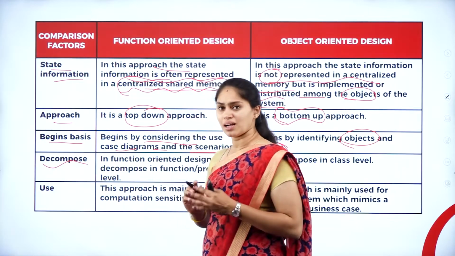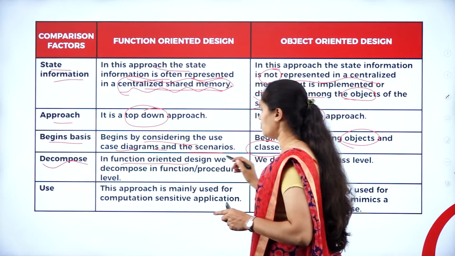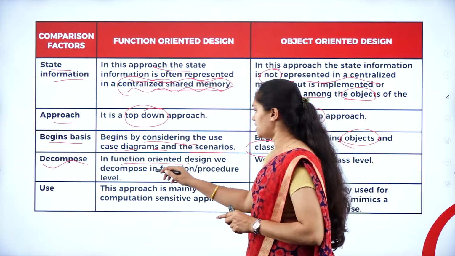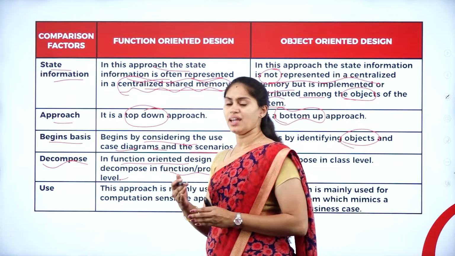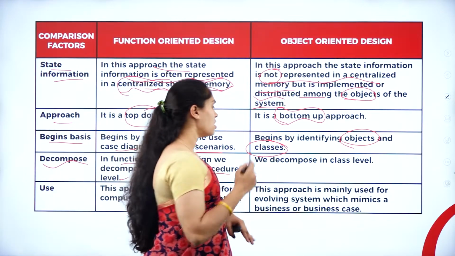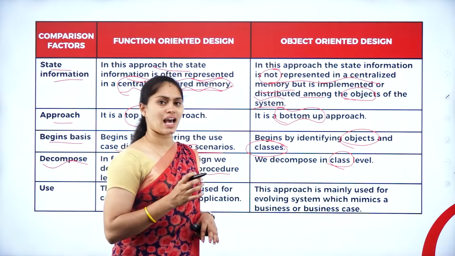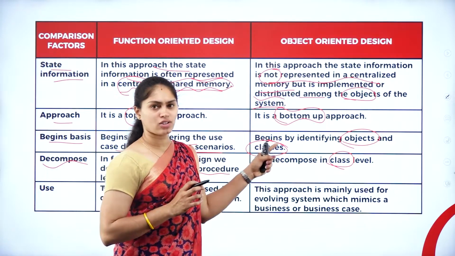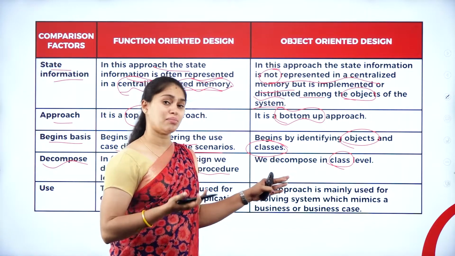Next we have decomposition. When we do the decomposition or segregation in the function oriented design, we decompose at the function or procedure level. Here we do the decomposition at the class level. Class here means you have to go back to object, class, abstraction, data encapsulation, that methodology.